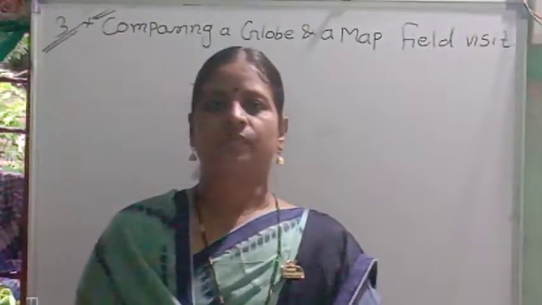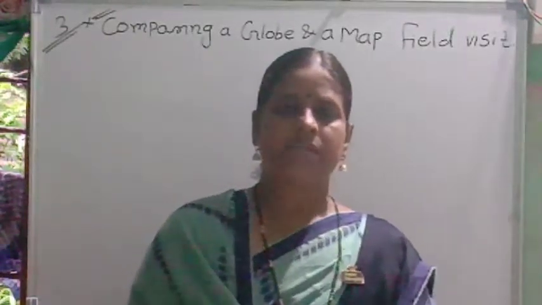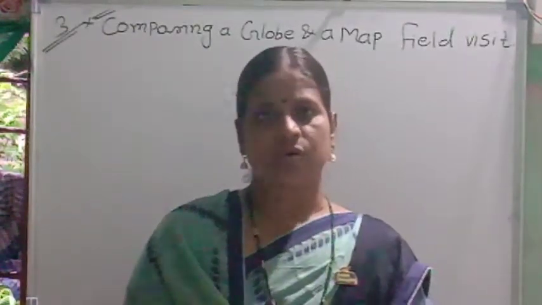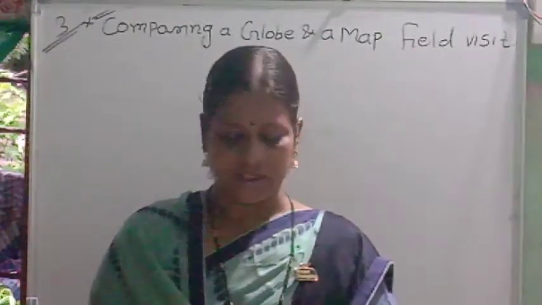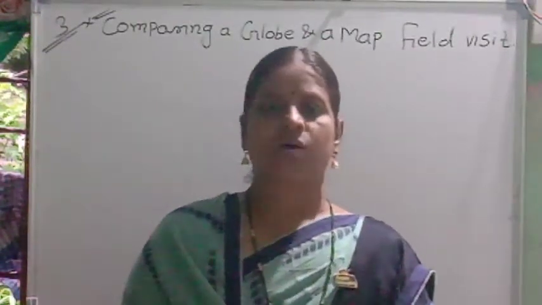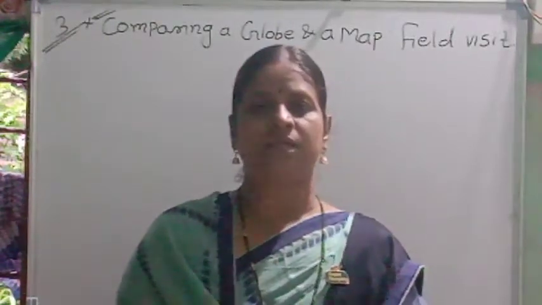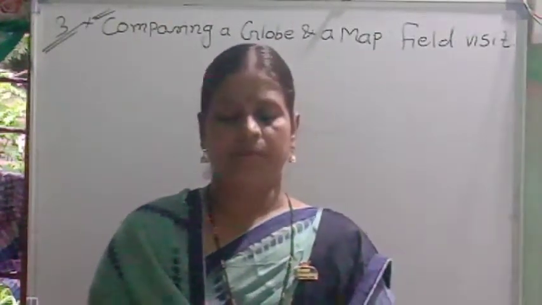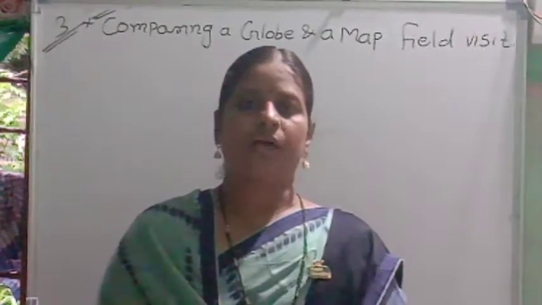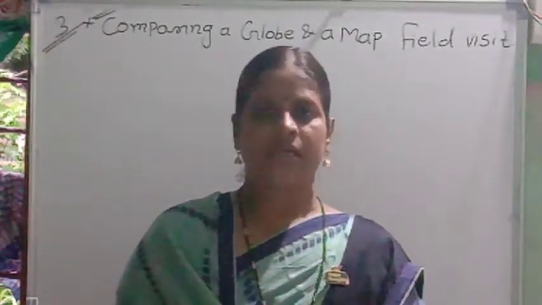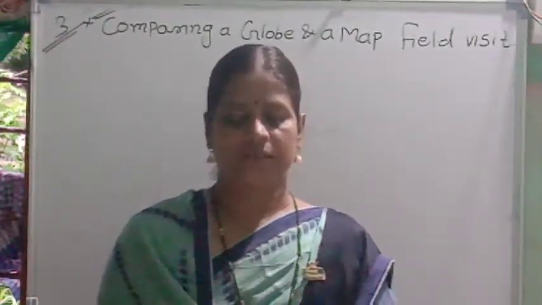We also understood examples of two-dimensional and three-dimensional objects. Then we saw some part of field visit. Field visit means educational trip. And now we are going to continue the next part of field visit.